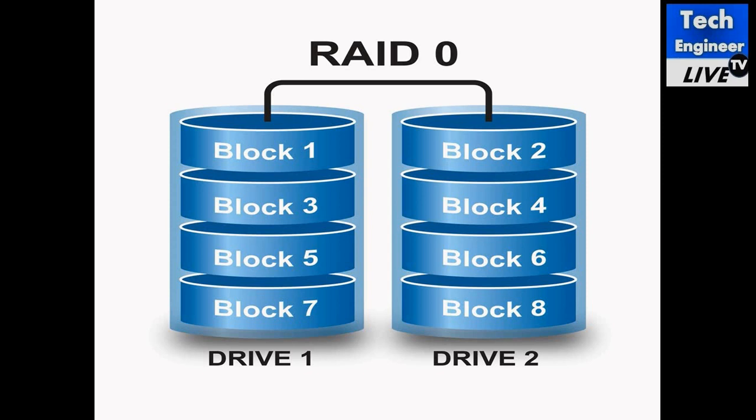One thing you can see is that it will not allow you to create a backup. It will not give you redundancy. It will increase the input and output operation, but it will not give you a backup.